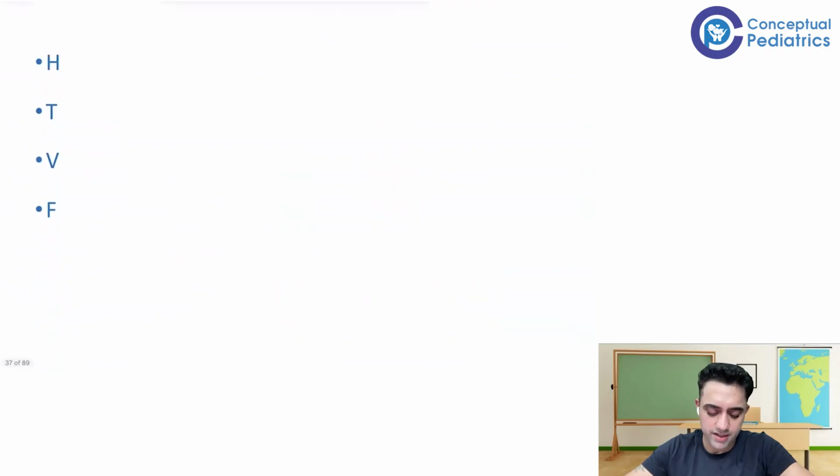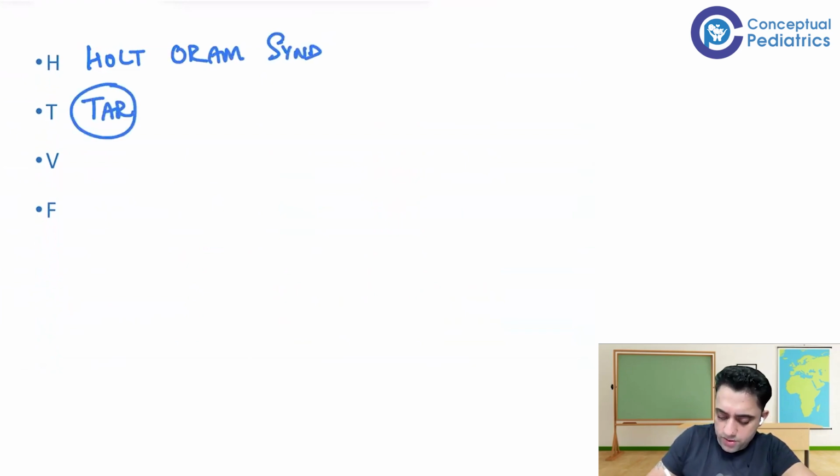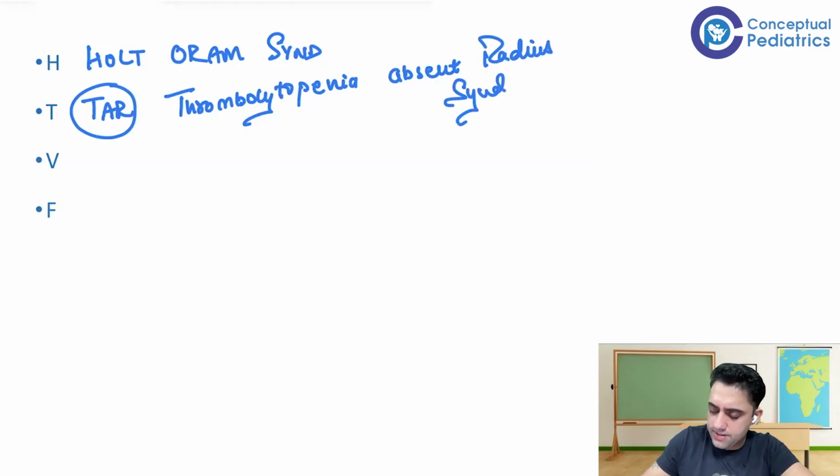We have a simple mnemonic, HTVF. H is Holt-Oram syndrome. Number two, T is TAR syndrome, which is thrombocytopenia absent radius syndrome. V is for VACTERL anomaly.